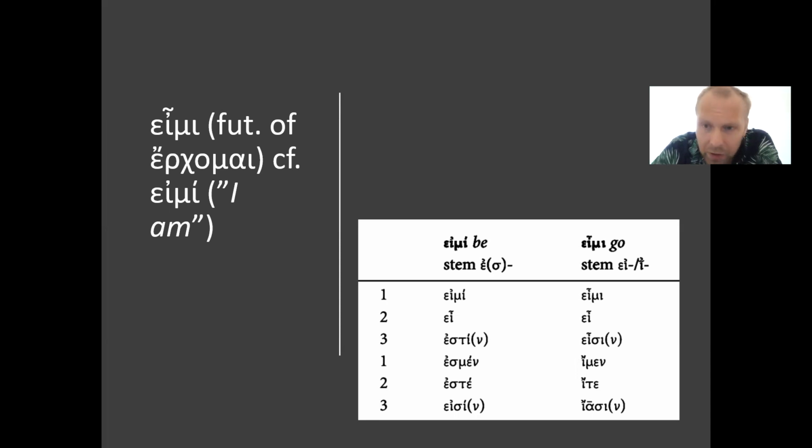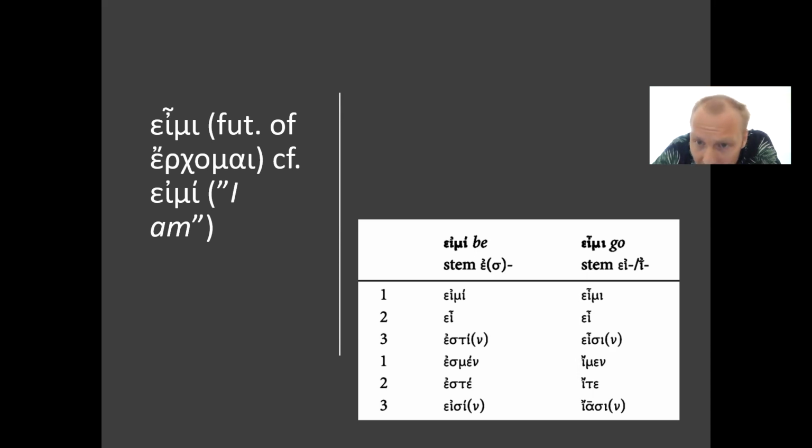And you can note here that the second person singular forms are identical in eimi in the sense of to be and eimi in the sense of go. And then if you look at the third person singular on the right side, eisin, you can note that this was very close to the third person plural form of eimi in I am.